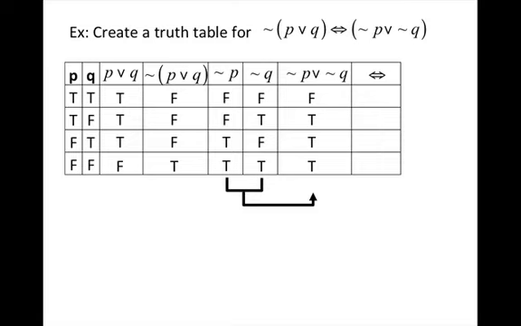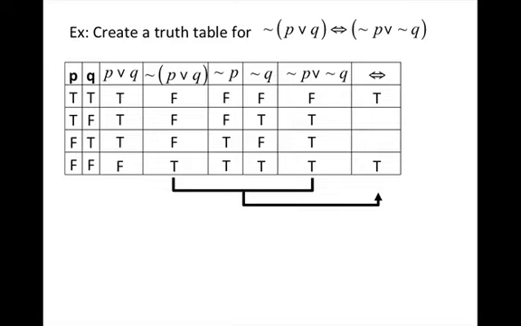Now I finally move on to my biconditional. The biconditional is comparing the not P or Q with the not P or not Q. So look at these 2 columns. The biconditional is true when these 2 columns have the same truth values. So if you look in row 1, they're both false, so my biconditional is going to be true.